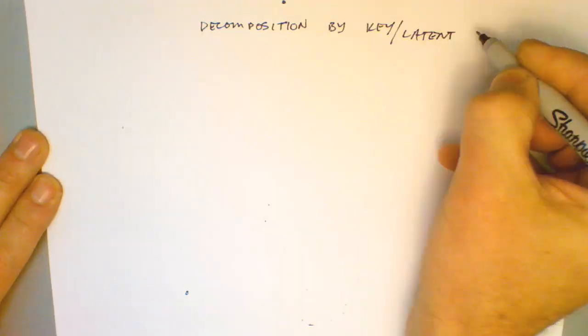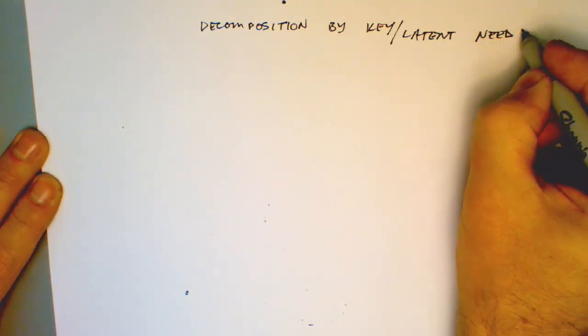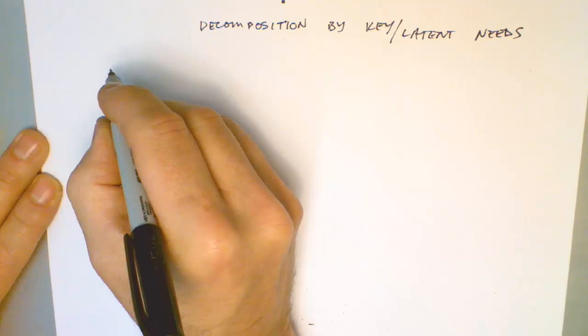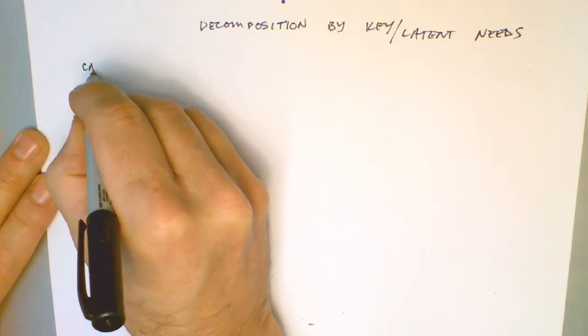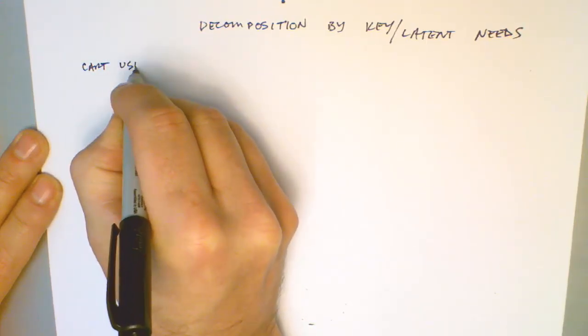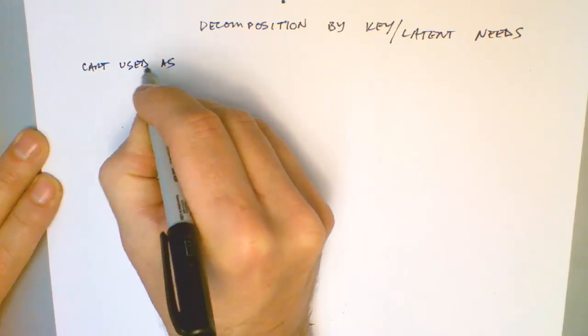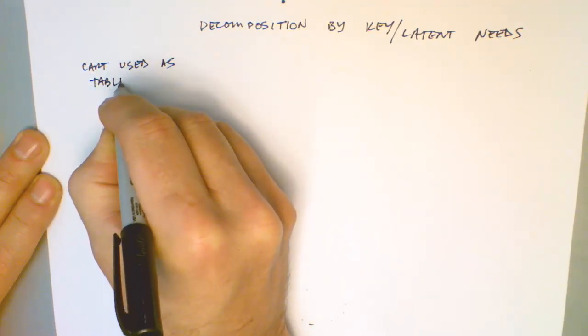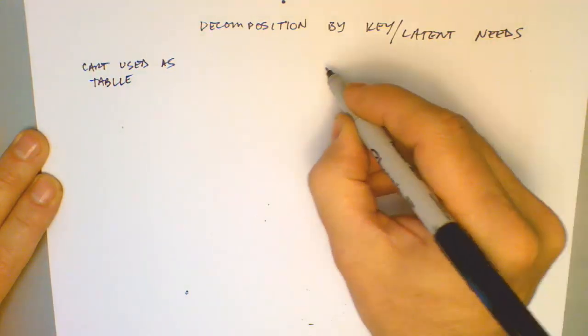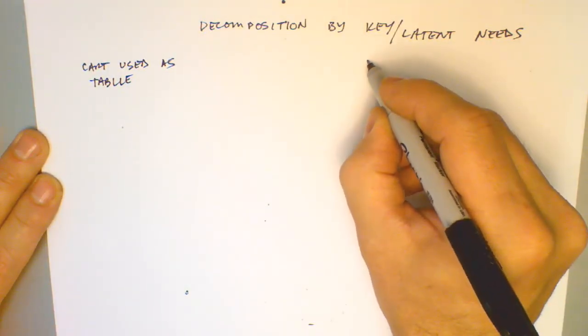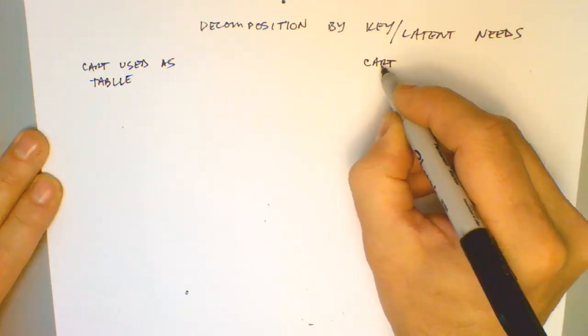Let me just take 2 as an example. One was that the cart could be used as a tabletop or as a table. And the other was that the cart navigated curbs.